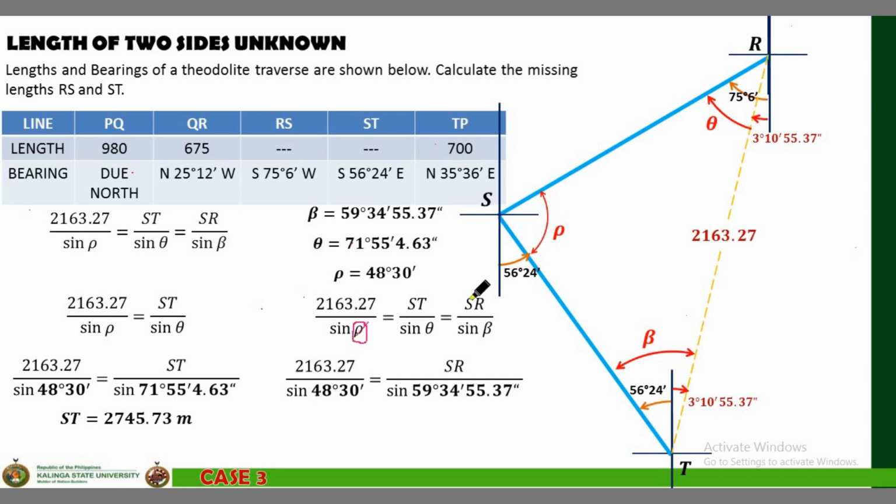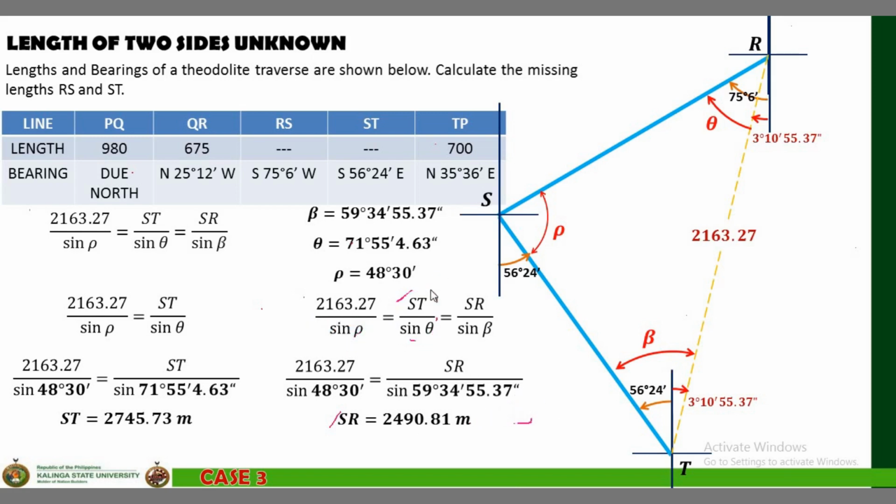What I need here is SR, since I already solved ST. If you input this in your calculator, SR is equal to 2490.81. SR is the same as RS, and ST is the same as TS. So, those are the values for this problem.